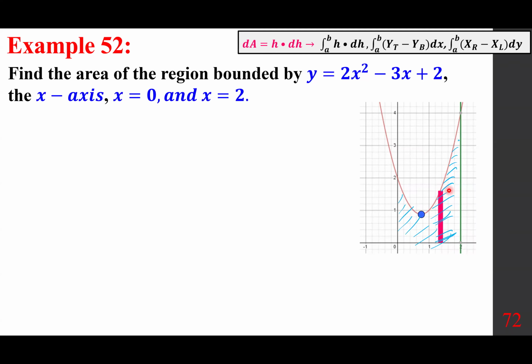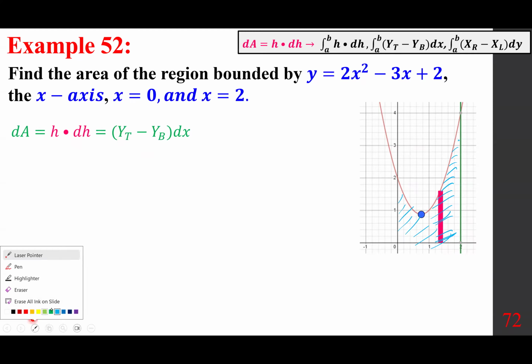This has a height, and this has a thickness, okay? dA is h dh, and it's y of the top, y of T is top, everybody, minus y of the bottom. The top is the function y equals f of x, the parabola, and the bottom is the x-axis, y equals 0.